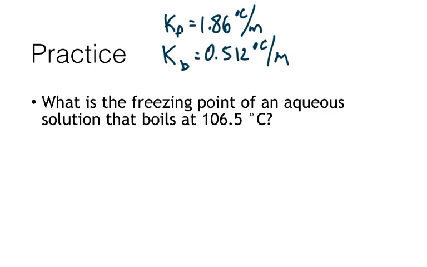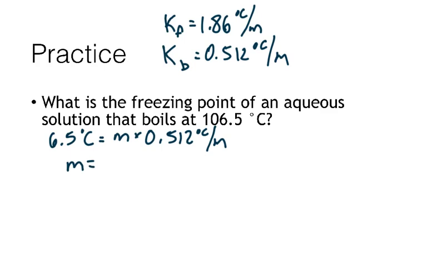Okay, so if my solution is boiling at 106.5 degrees Celsius, that means that my delta T is 6.5 degrees Celsius is equal to my molality times 0.512 degrees Celsius per mole. So my molality is 12.695 mole. Then I can plug that in.